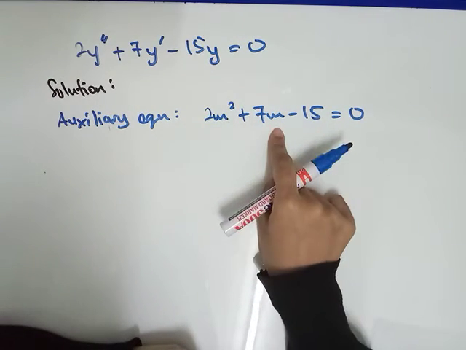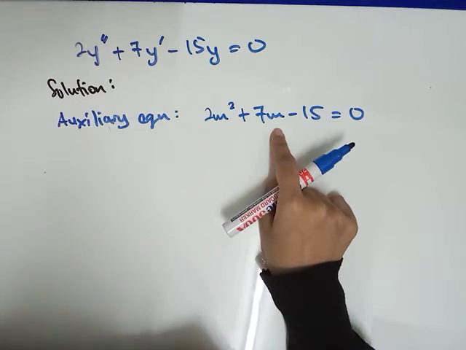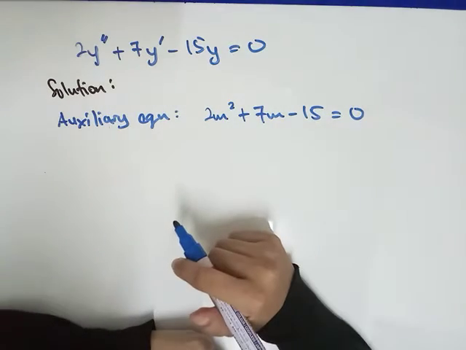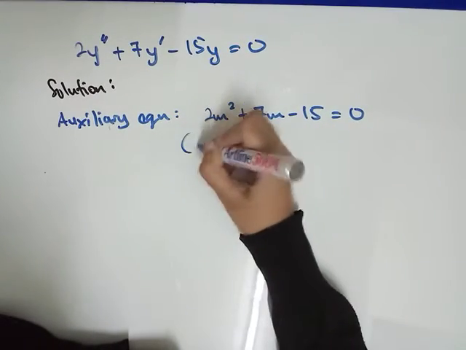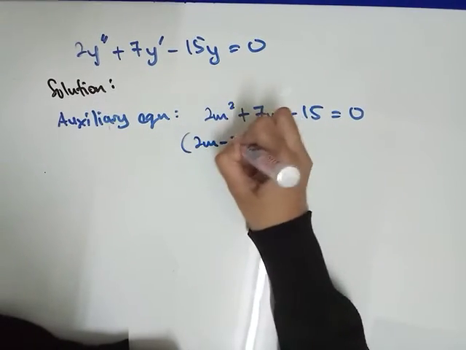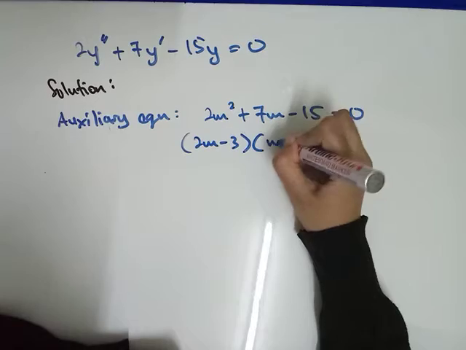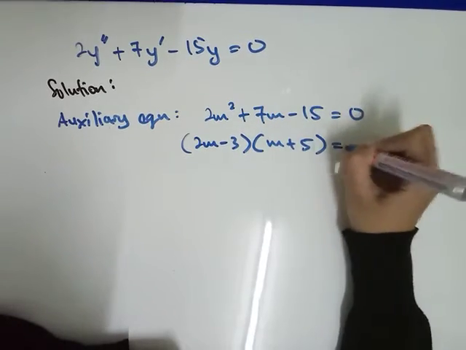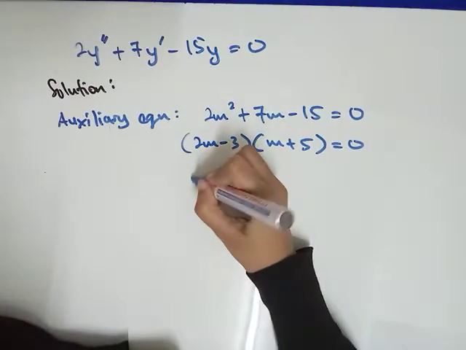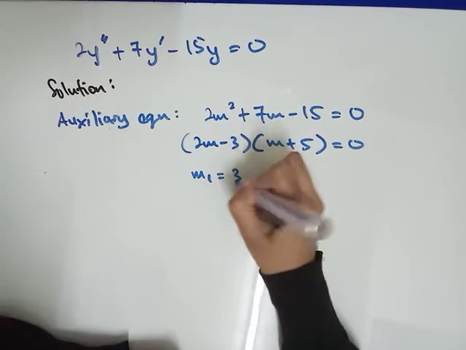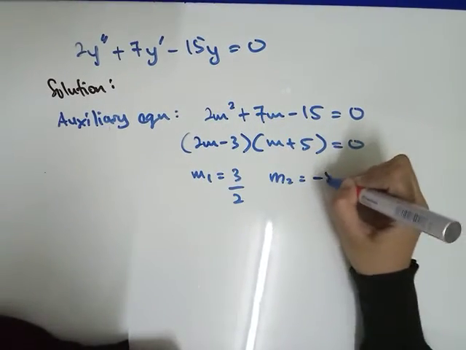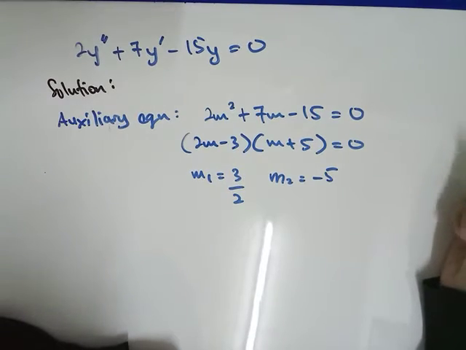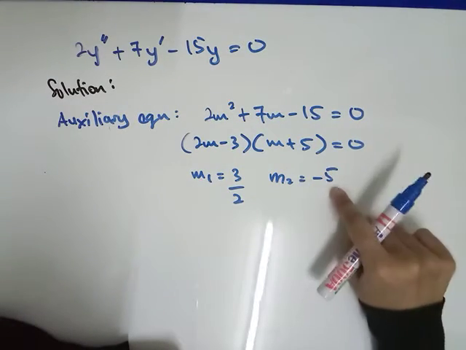How to solve for m? Use your calculator, yang tekan mod tu. Tekan mod. Then you will get 2m minus 3, m plus 5 equals 0. So you get m1 is 3 over 2, m2 is negative 5. Kalau awak tekan calculator, awak akan dapat 3 over 2 and negative 5.